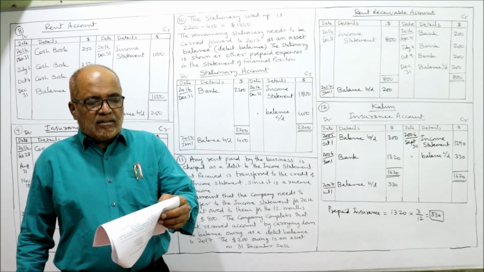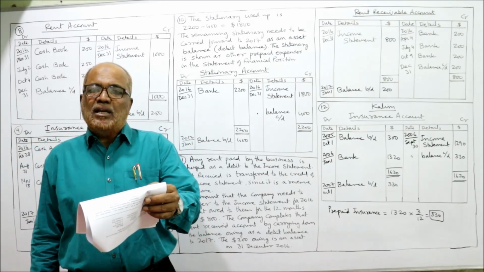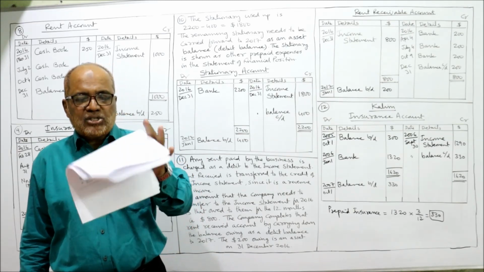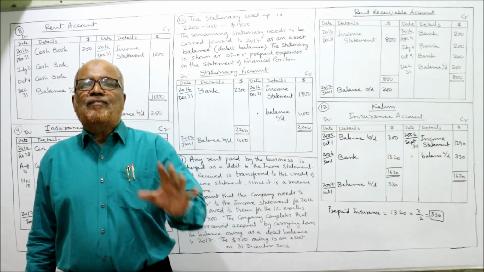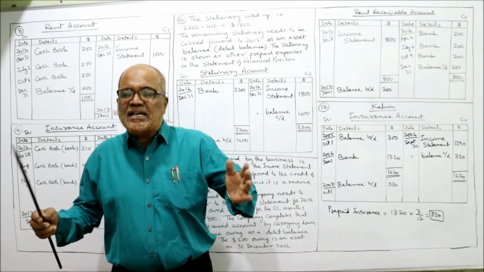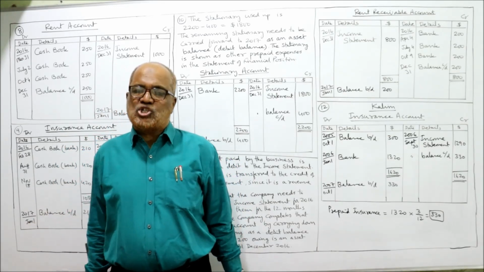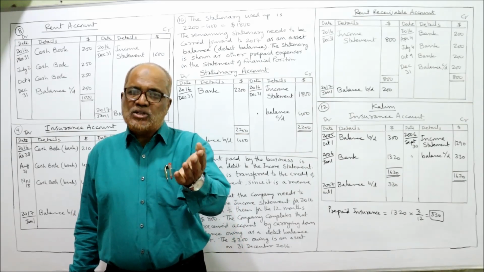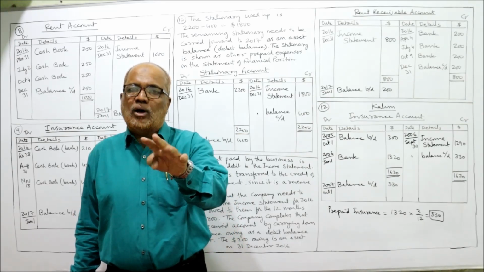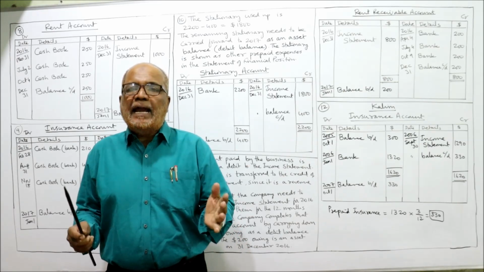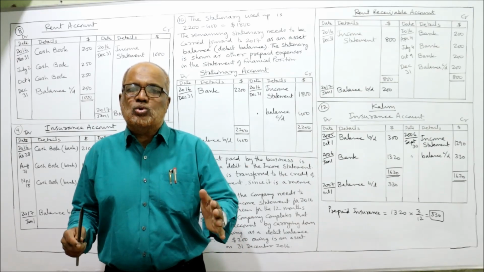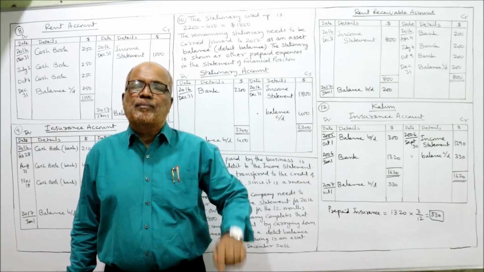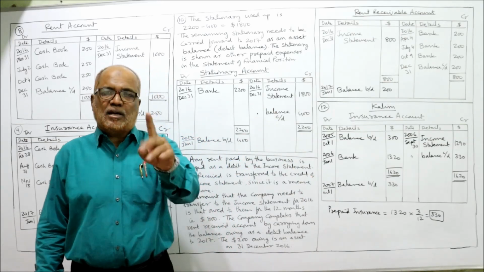Now explain the treatment of stationery in the income statement and statement of financial position, and prepare the stationery account. First of all, it is asking for an explanation about this stationery. $2,200 purchased, out of which $400 unused. Only $1,800 used. That $1,800 will be debited and taken under expenses in the income statement.